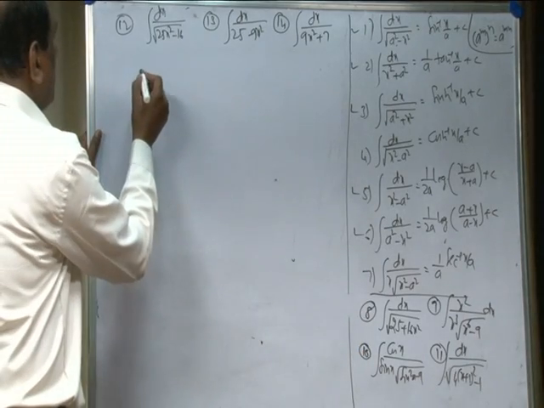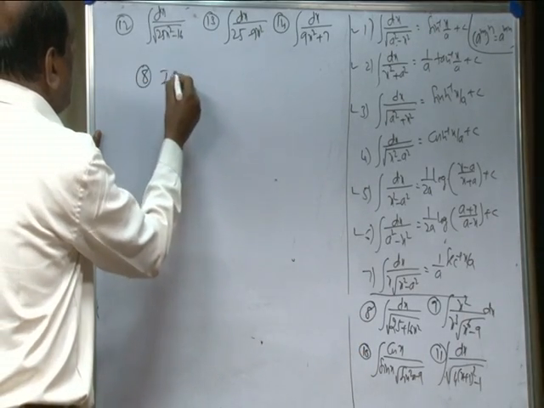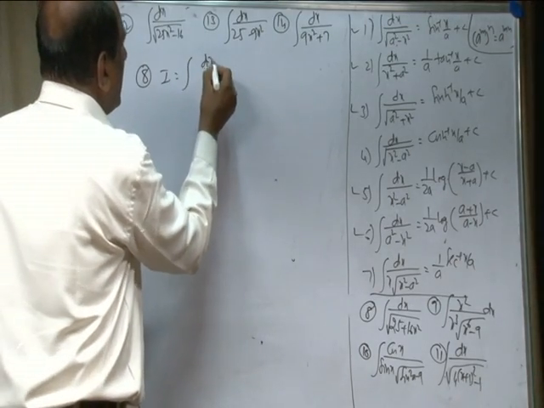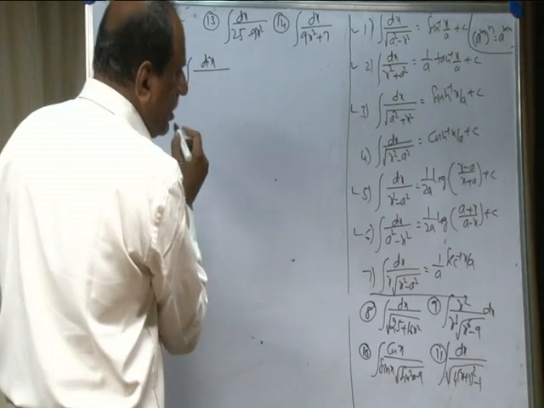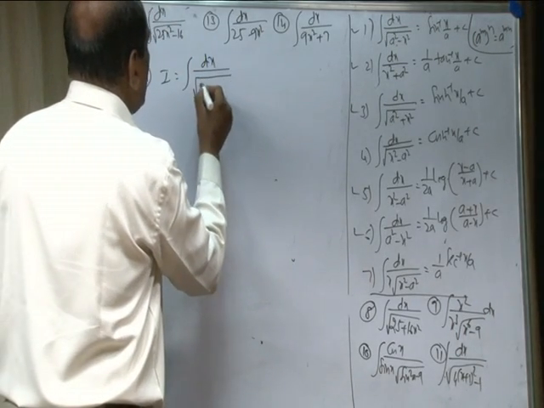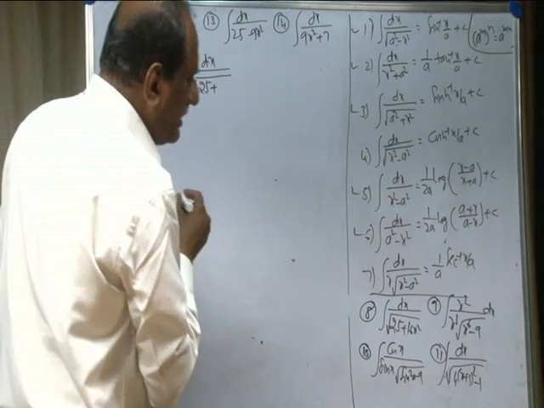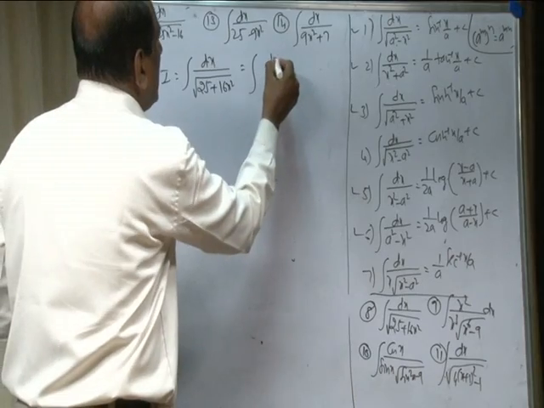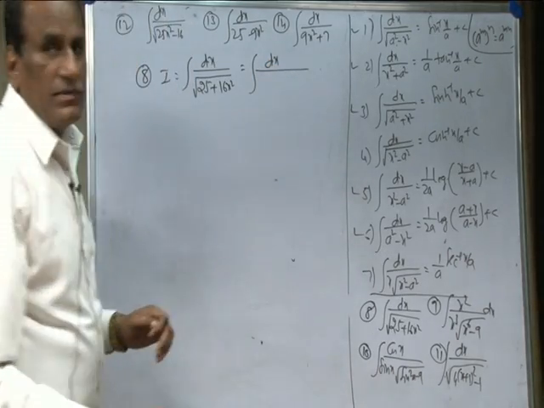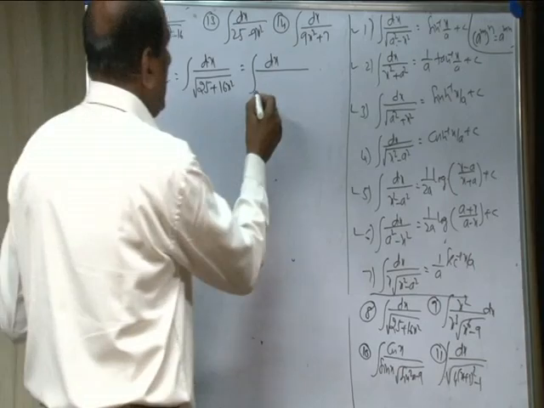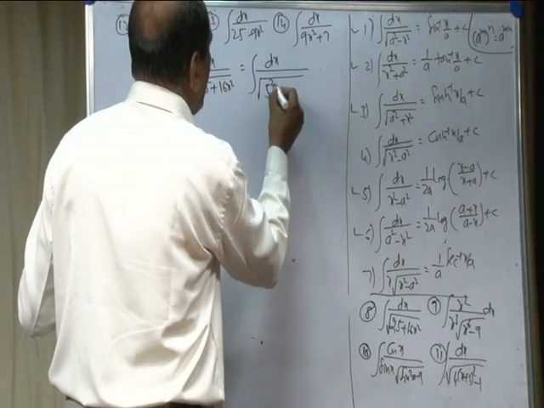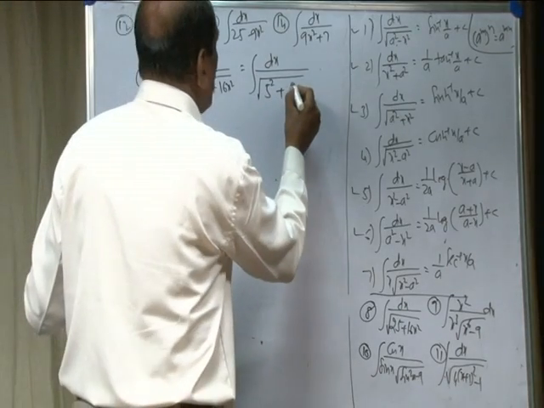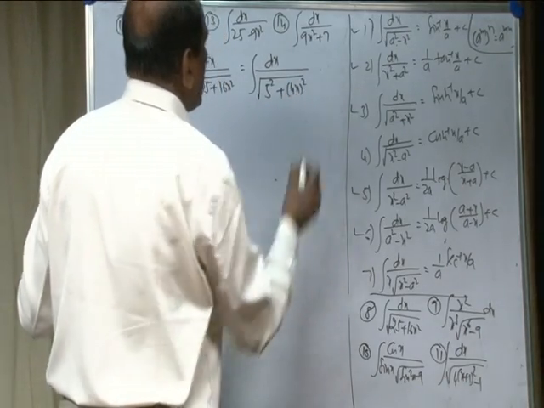So, problem number 8: I is equal to integral of dx divided by root of 25 plus 16x squared. Write the denominator in the standard form. 25 can be written as 5 squared, plus 16x squared can be written as (4x) whole squared.